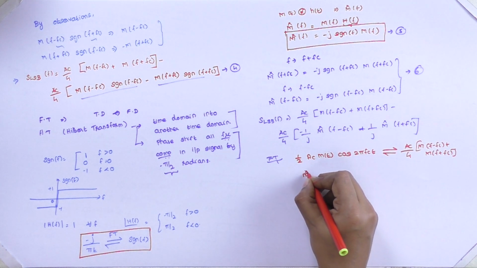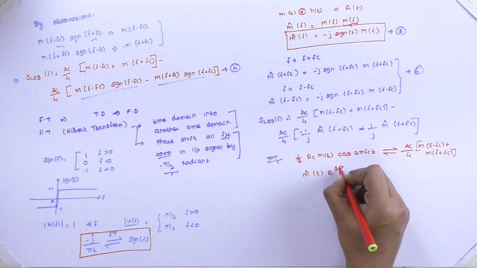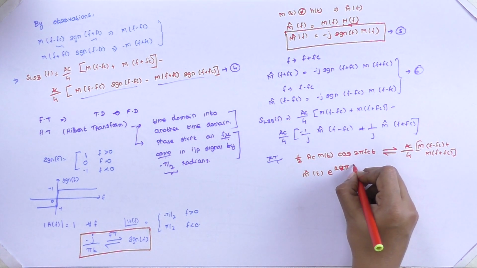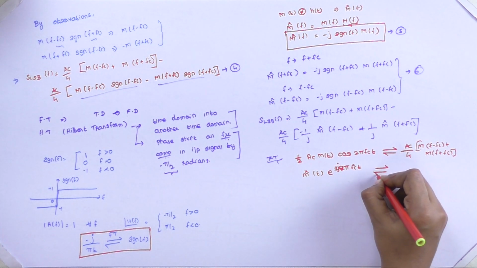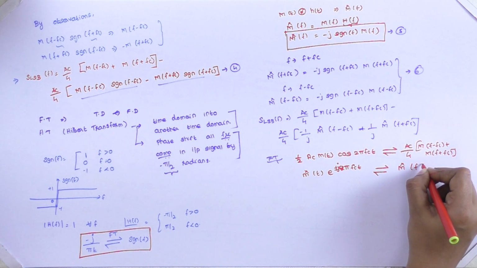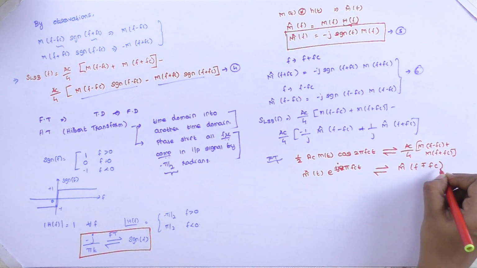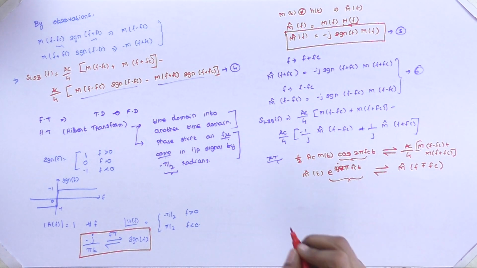And m cap of t for the sine function, e power plus or minus e power 2 pi fct, with the imaginary part j, will give m cap of f minus and plus fc. This is for our sine function and this is for our cosine function.